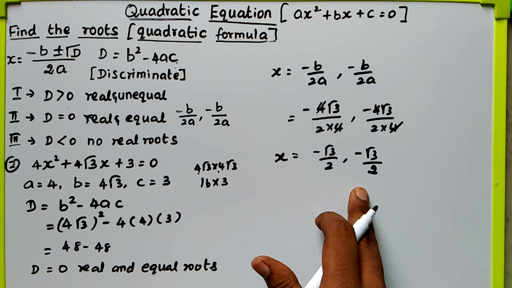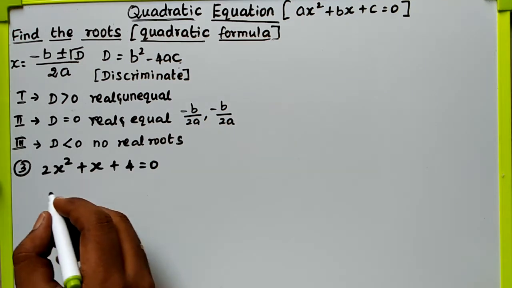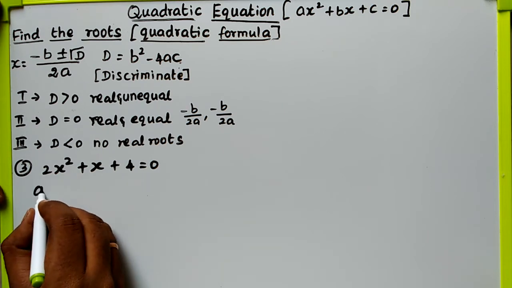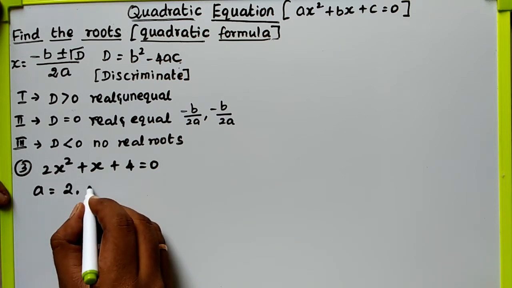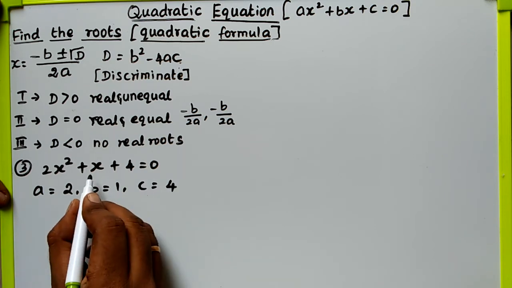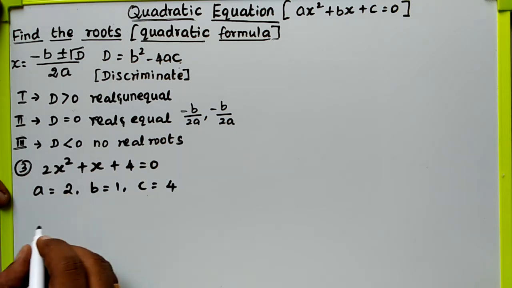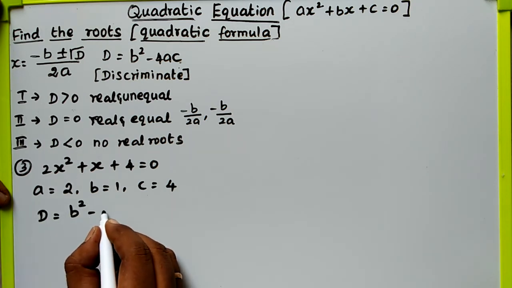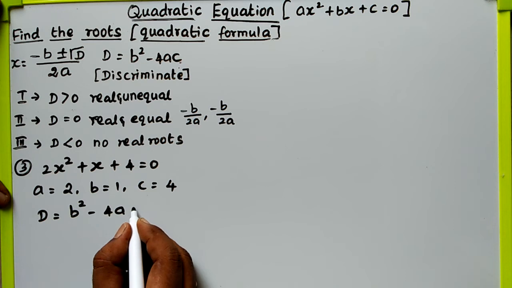Next we will see the third sum. The next question is 2x square plus x plus 4 equals 0. The value of a is 2, the value of b is 1, and the value of c is 4. The coefficient of x is 1 here. Formula: D equals b square minus 4ac.